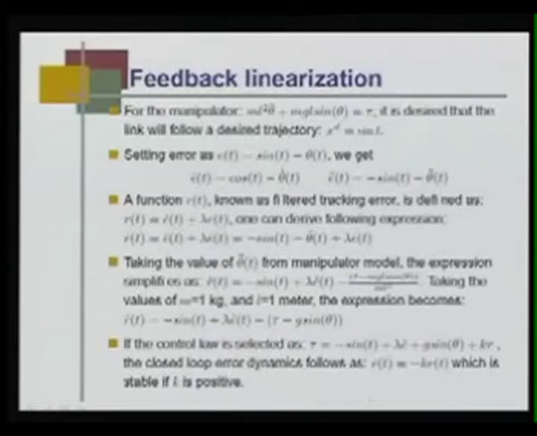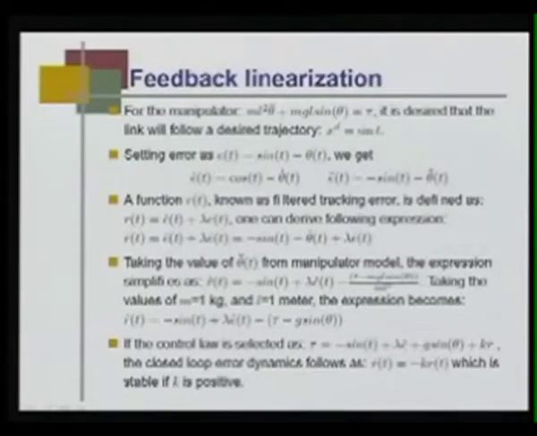Now, we will see that the same robot manipulator can also be controlled using feedback linearization. Again, the same manipulator: m l square theta double dot plus m g l sin theta equals tau. It is desired that it tracks sin t, again setting the error as sin t minus theta t. We get the derivative of error as cos t minus theta dot t, and the double derivative of error as minus sin t minus theta double dot t.